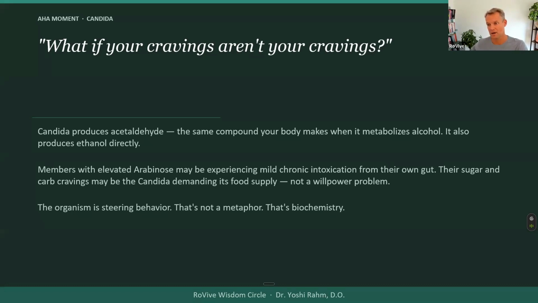Their sugar and carb cravings may be the Candida demanding its food supply, which is very different from a willpower problem. And this is the key, this last line: the organism is literally steering the behavior of a person. It's not a metaphor, it's actual biochemistry.